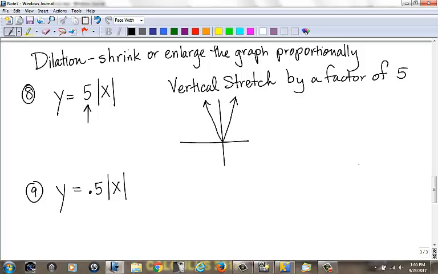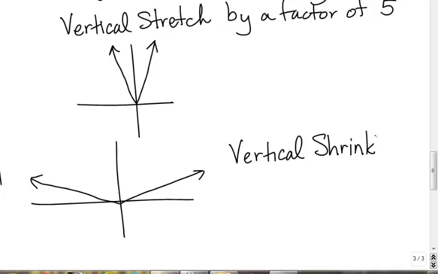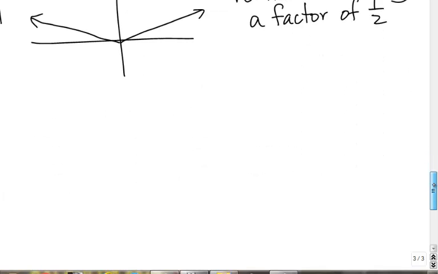It squishes that graph vertically together, which flattens out the V. So it's going to make that V come down something like that. That is a vertical shrink, by a factor of 1/2.